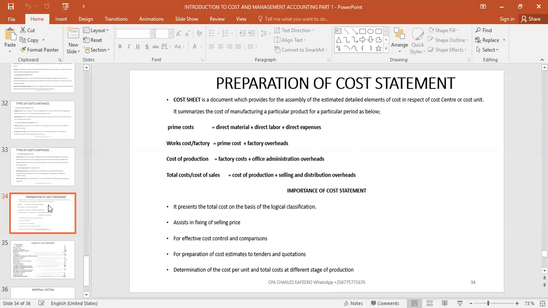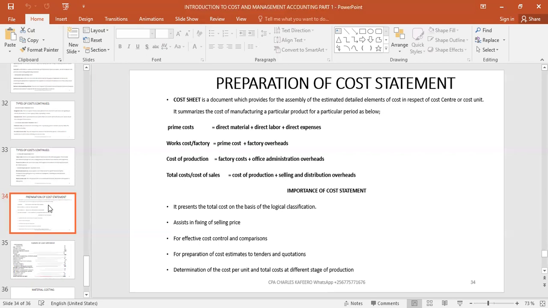Because to get the total cost, you add the cost of production plus these other non-production costs.